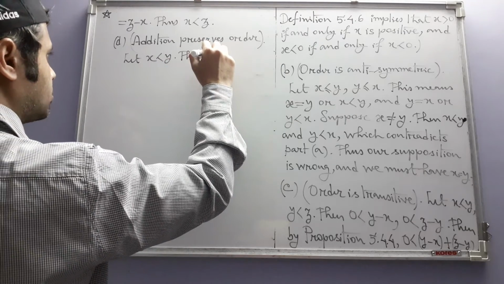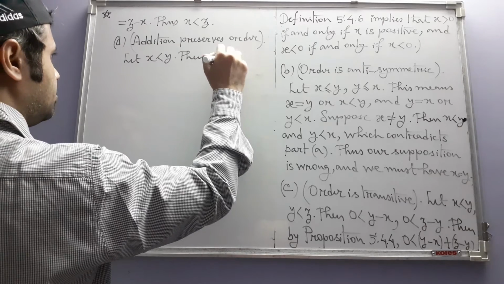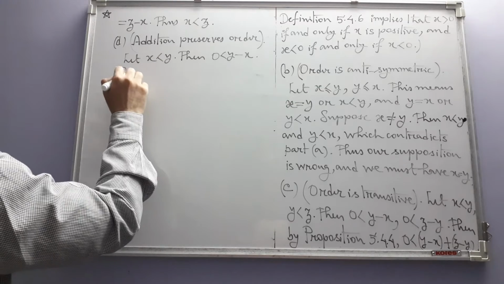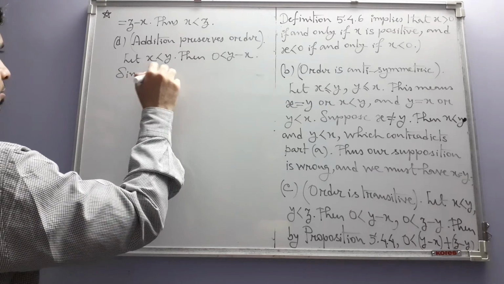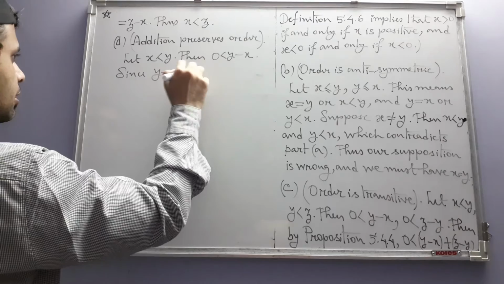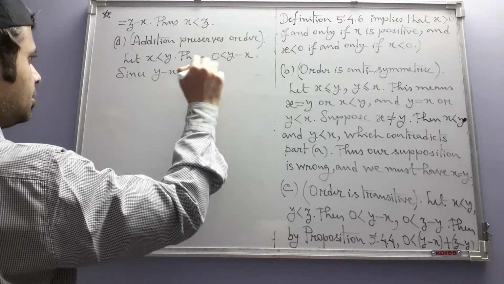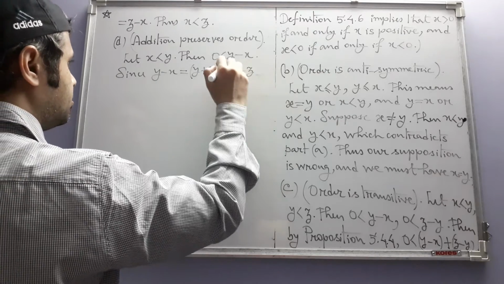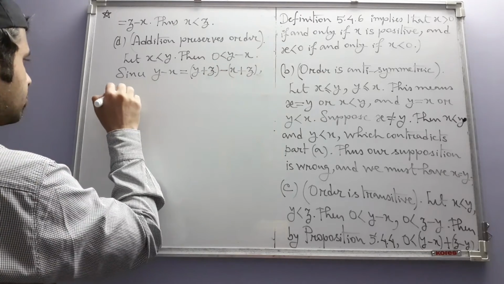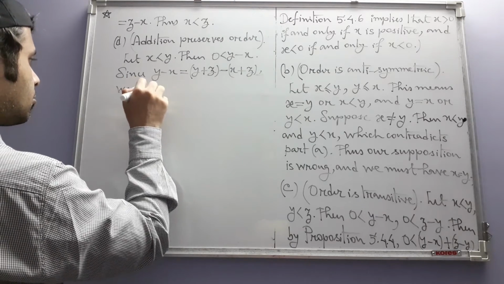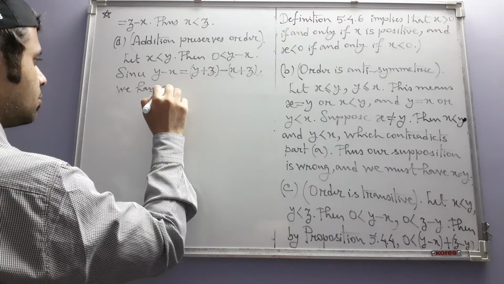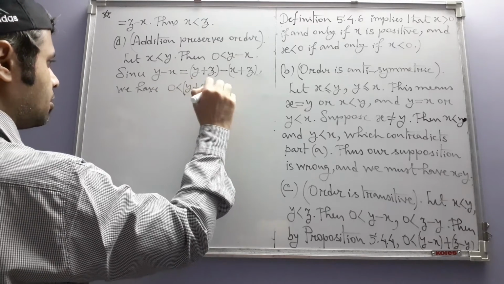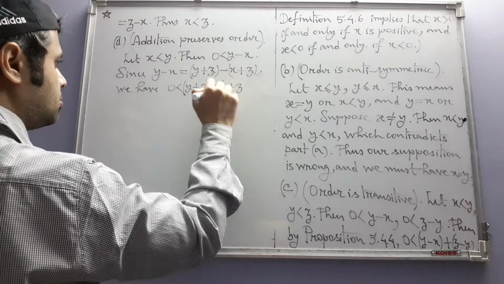Then y minus x is greater than 0, since y minus x can be written as y plus z minus x plus z.